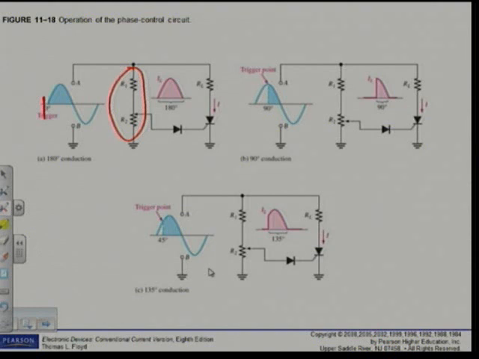That means now what will happen, that will be my positive cycle. That means it will be actually positive, negative, and then I will get a flow like that through the SCR and through the load. That means across the load, I will have basically that. You can see that is exactly like a half wave rectifier.